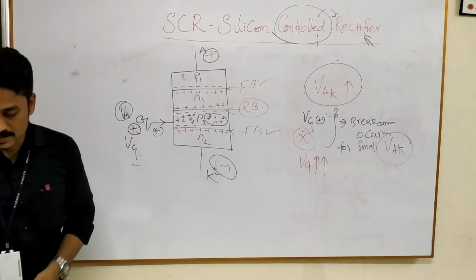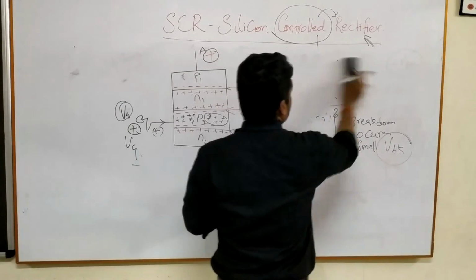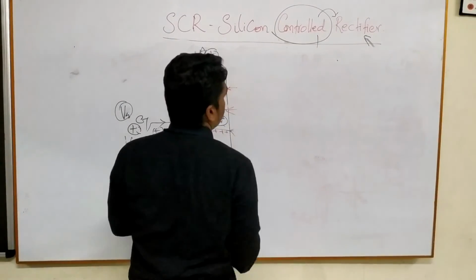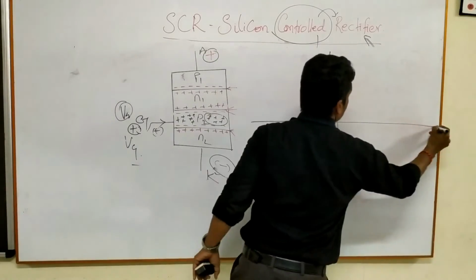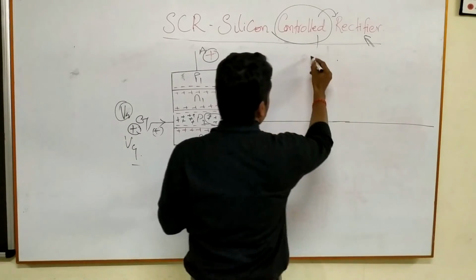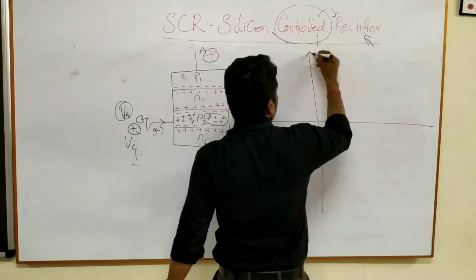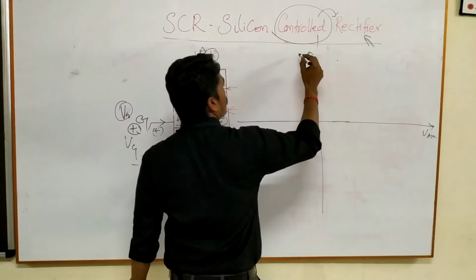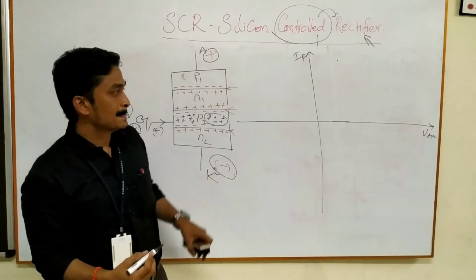So one can draw this in terms of VI characteristics. I will draw both the forward as well as the reverse bias junction breakdown in terms of VI characteristics. So this is VAK and this is IF, let us suppose forward current.